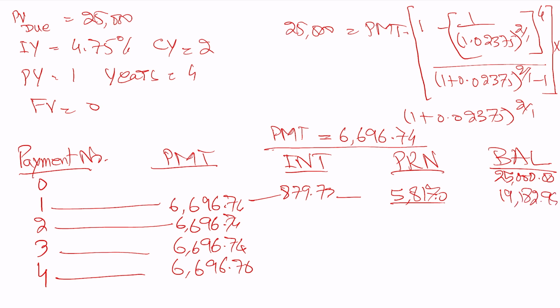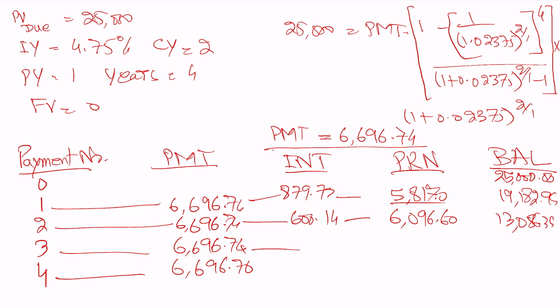19,182.99. So based on the same formula with this balance, the interest is going to be 600.14, and the PRN is going to be 6,096.60, and the balance is going to be 13,086.39.